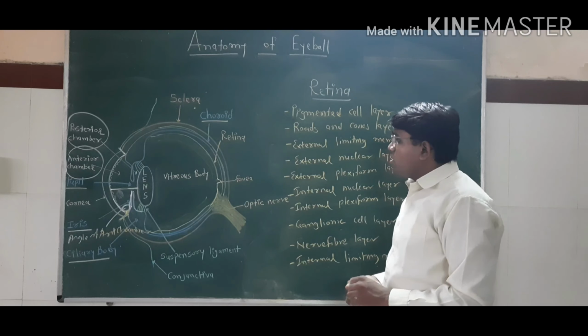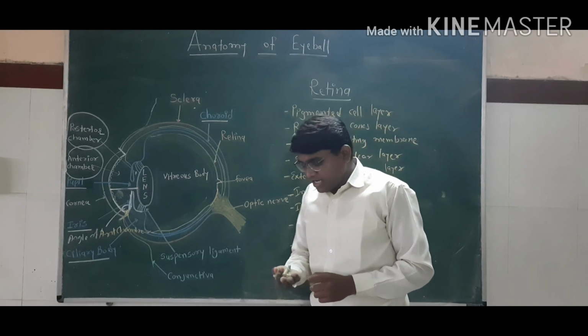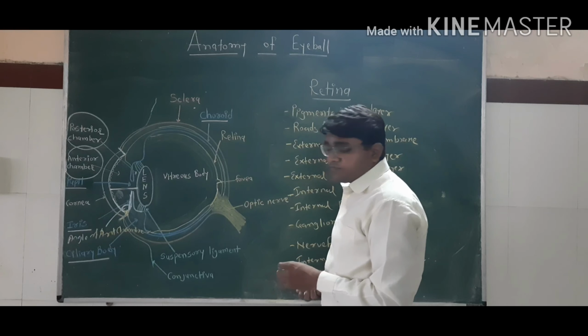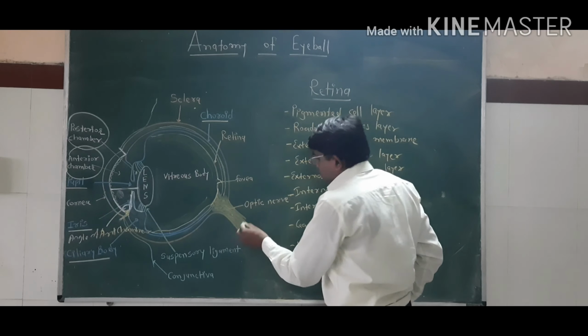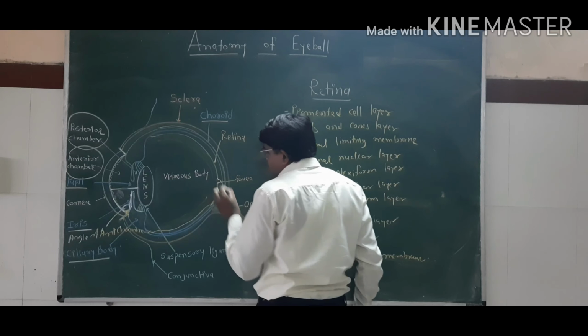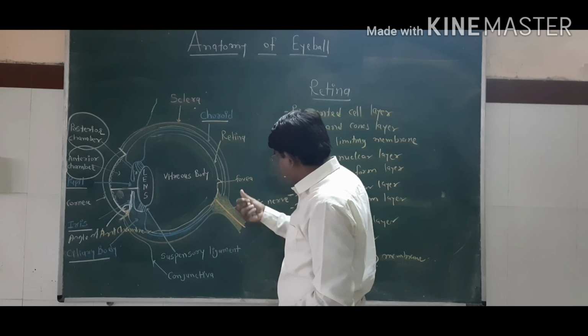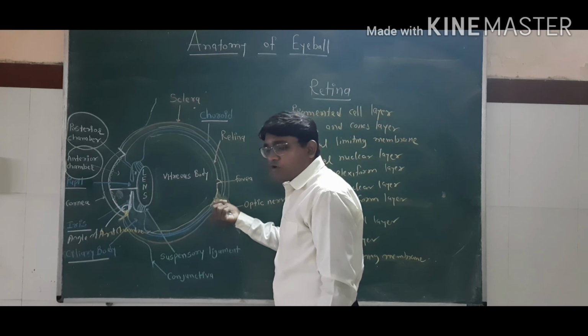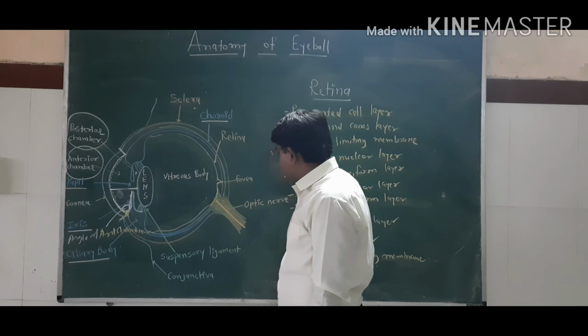Okay. Now the arteries of the retina. So the central artery is supplying the retina. Here is one artery. The central artery is entering into the retina from this area, the optic disc.